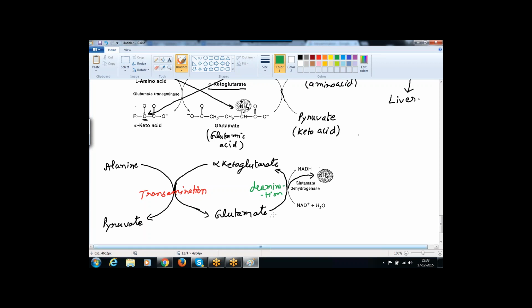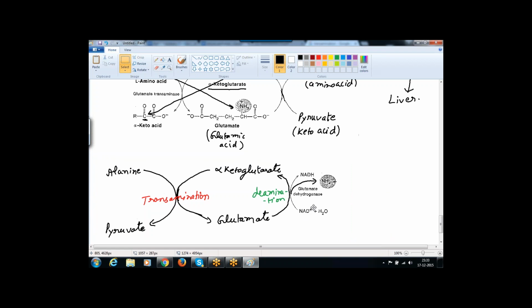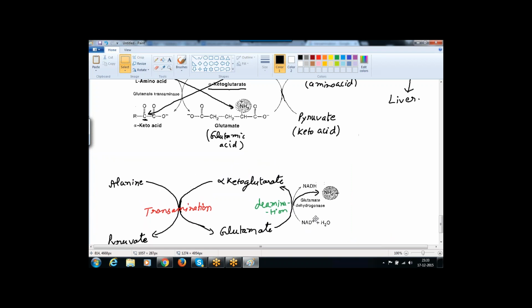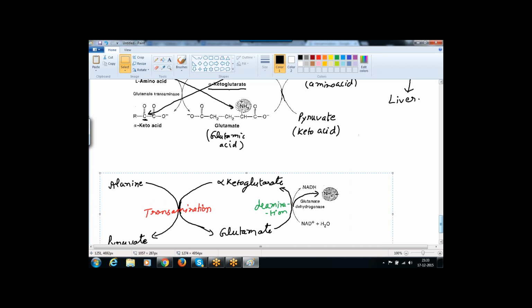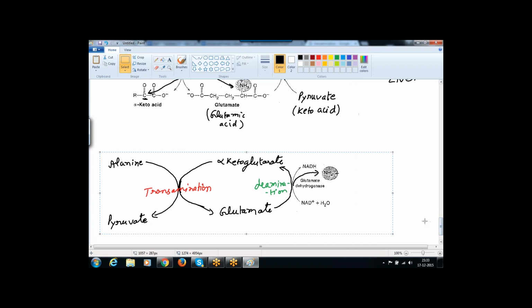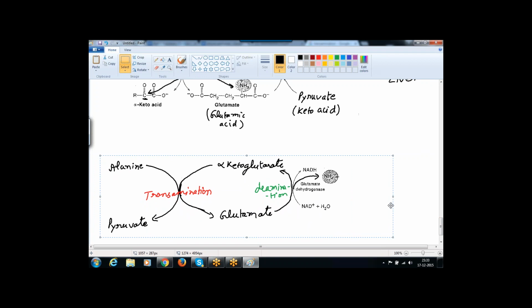And why is it possible? Because it is in liver.